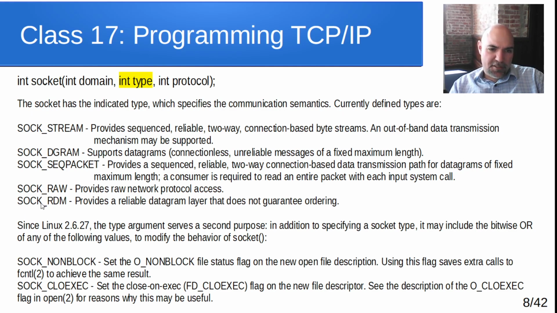And then there's SOCK_RAW and this reliable datagram layer that guarantees delivery, but not necessarily ordering. So for a game server, sequence packet or RDM might be good, but with datagram, we could build our own sequencing, our own reliable layer if we needed to on top of that, which is what these have already done for us. But the one we're going to be using today is SOCK_STREAM.